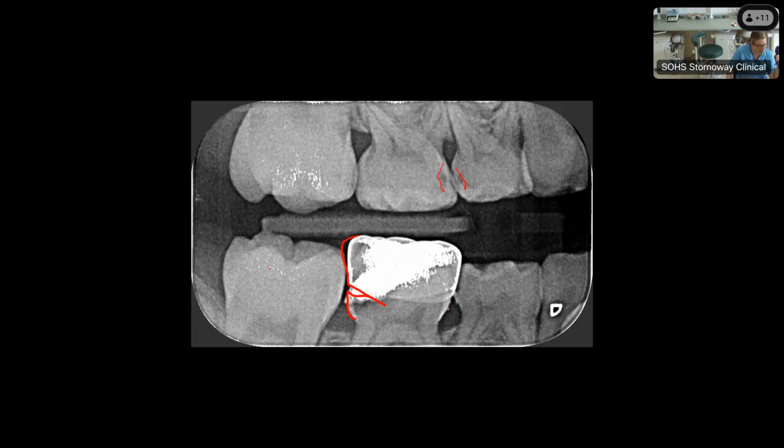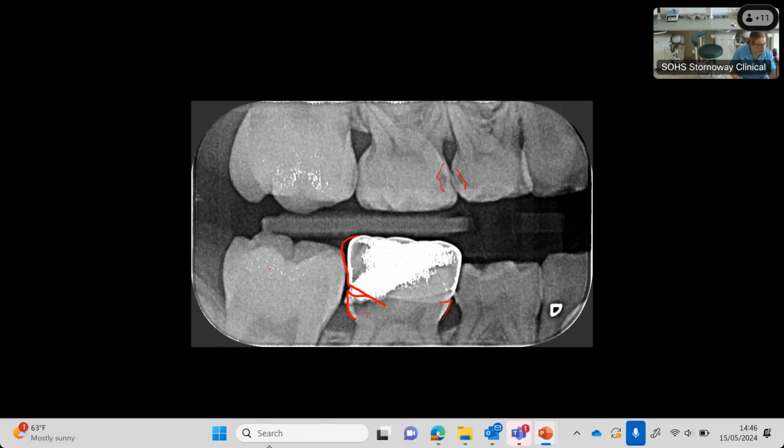It looks the same that side as well. To be honest, I would say the crown is too small. But if it's stuck on and the patient's not having any bother, yada yada yada. But there definitely is either secondary caries or a void, but it's a radiolucency and it's getting close to pulp.